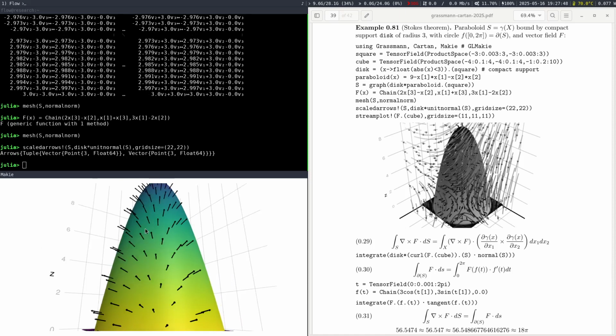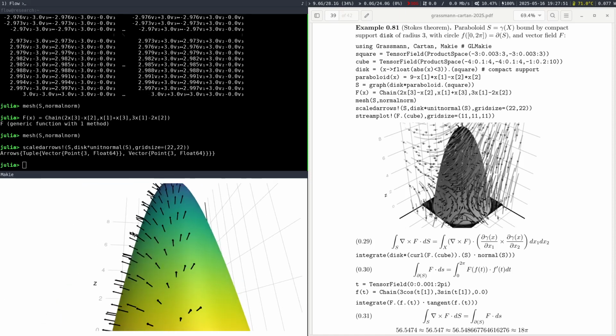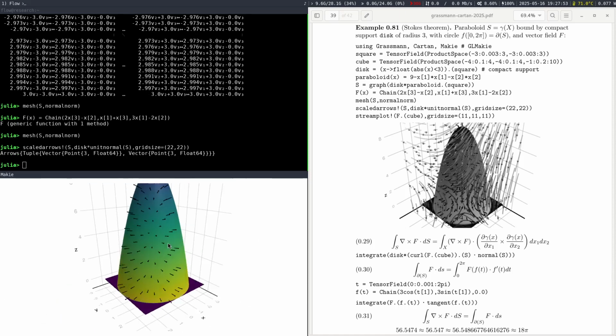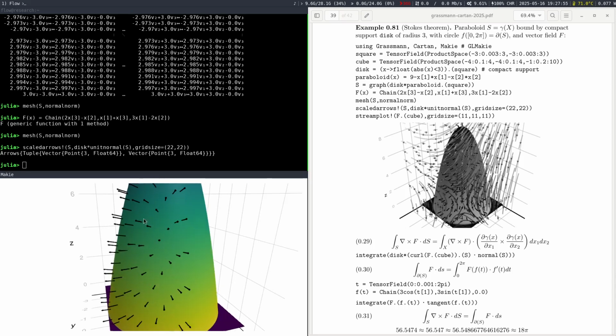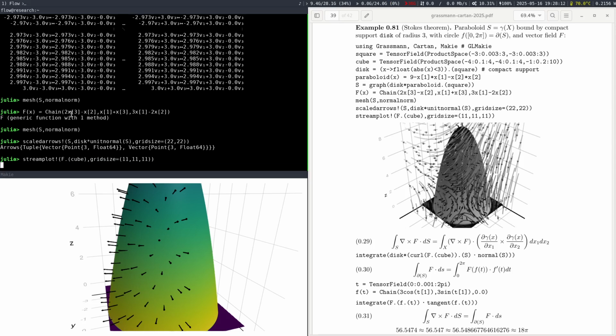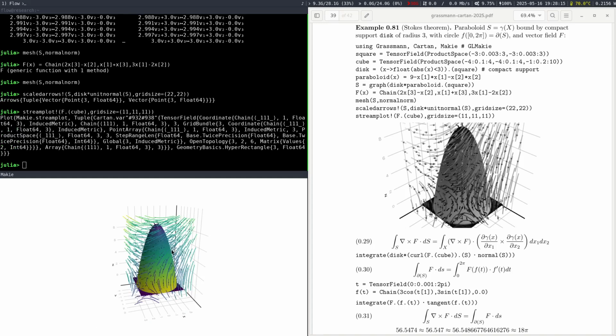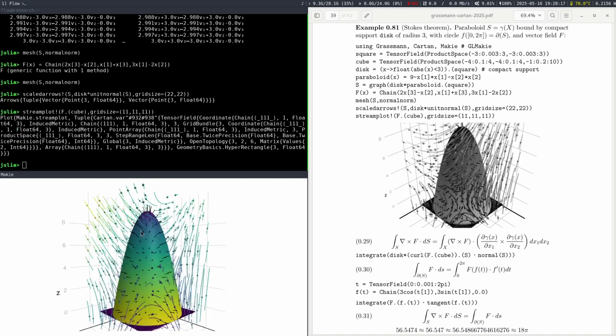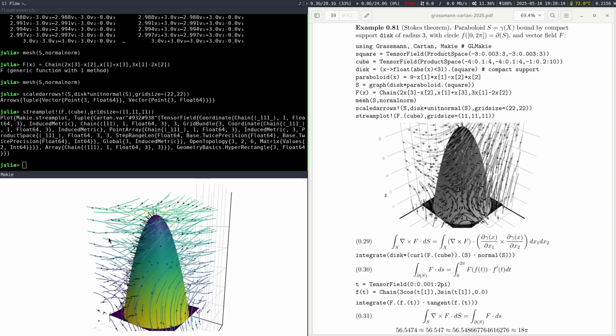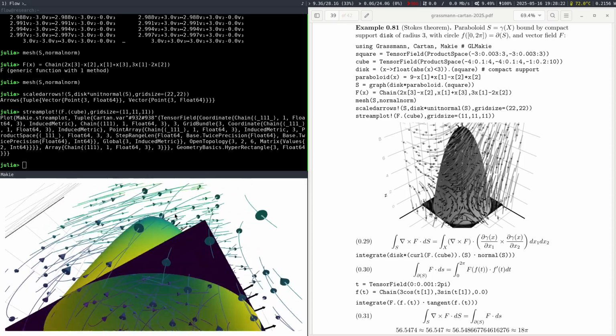All right, so those are some unit normals right there. Okay, and then this is the stream plot. This is the vector field that's around this paraboloid.